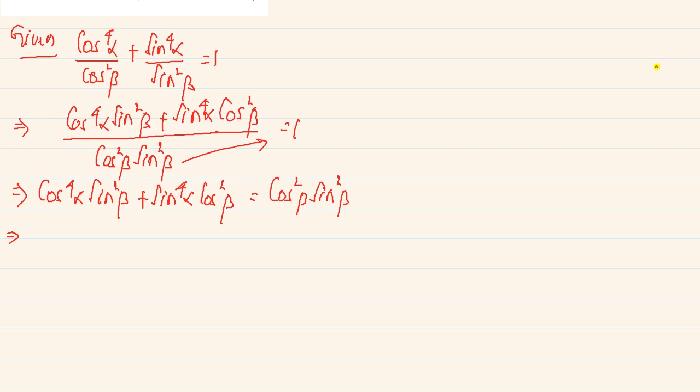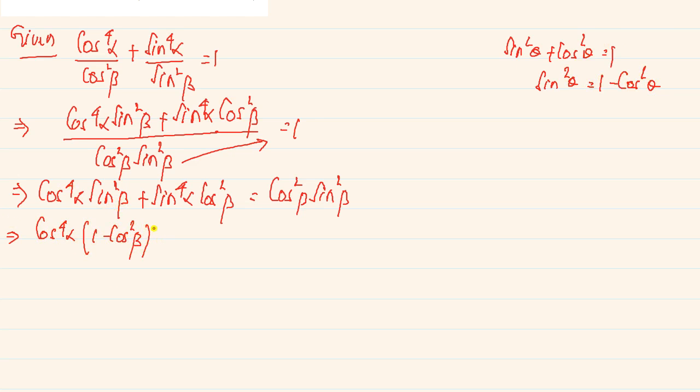So we know that based on the trigonometric identities, sin square theta plus cos square theta is equal to 1. அப்போ sin square theta is equal to 1 minus cos square theta. Okay, so cos to the power of 4 alpha sin square beta can be written as cos to the power of 4 alpha into 1 minus cos square beta, plus sin to the power of 4 alpha.